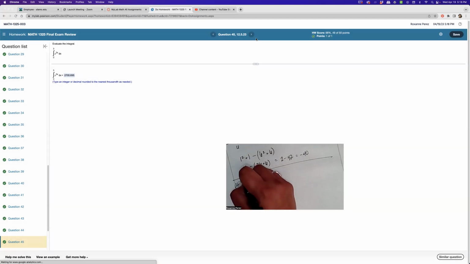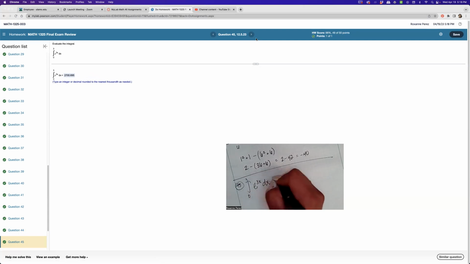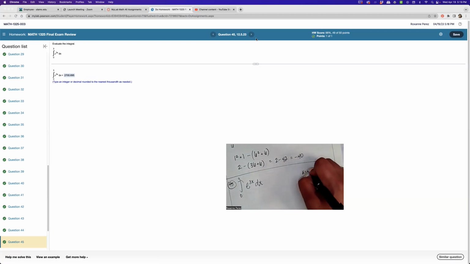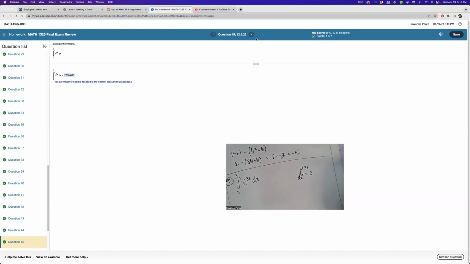Evaluate 0 to 3 of e to the 3x dx. So here we are using some of our u substitutions. So u equals 3x, du/dx equals 3, du equals 3 dx. So I need to force this.